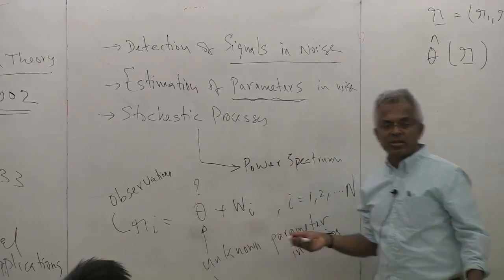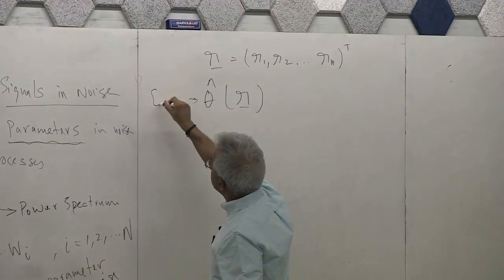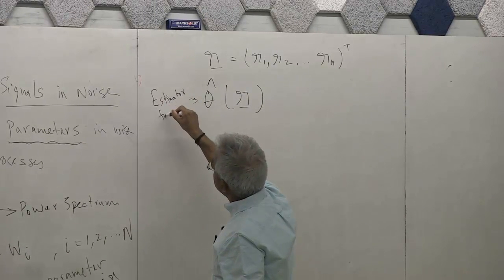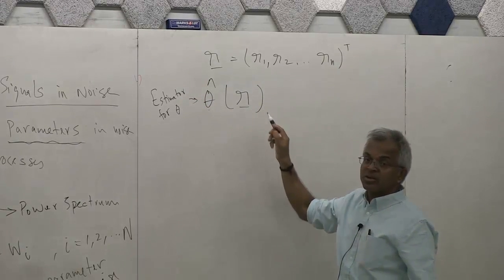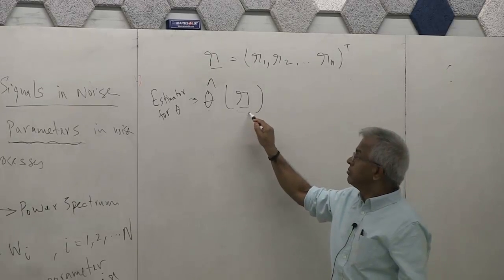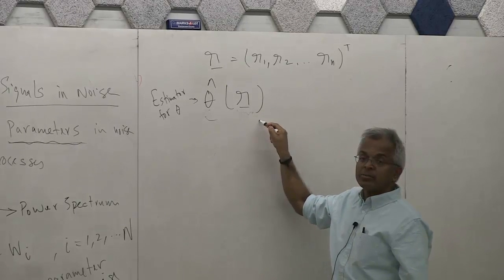So observations are random. And what we are finding as the estimator, this is the estimator for theta. Theta is unknown. The estimator of course has to be in terms of what you have observed. What you have observed is data. So this is going to be random or non-random?